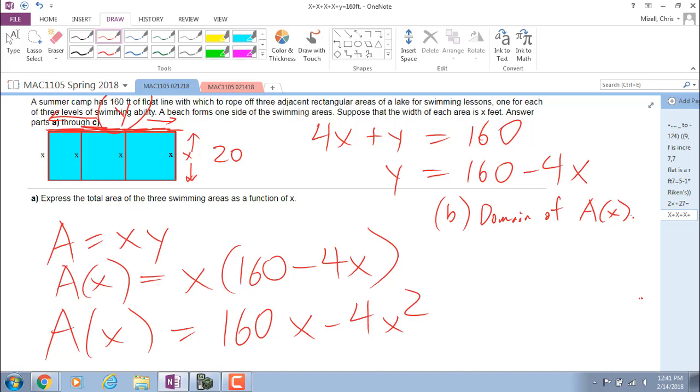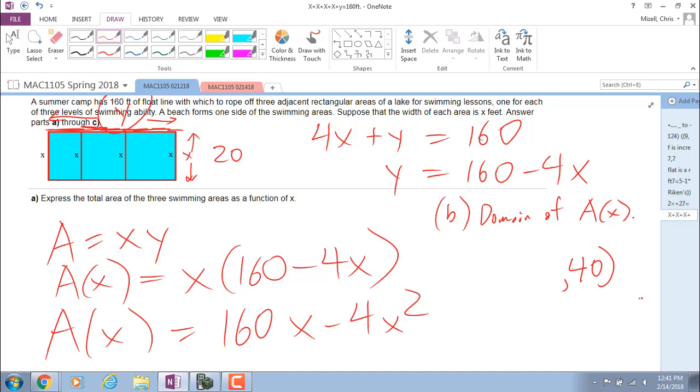So if I'm thinking of the domain of the function, the x values, I can go all the way up to 40. If I don't mind it being really, really skinny, I could go 39 and a half, but I can't go out to 40. Then I don't have any rope at all for the backside enclosure.